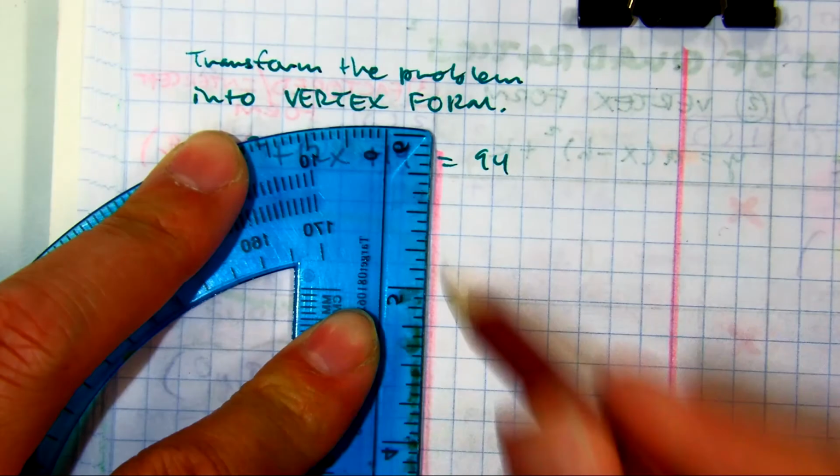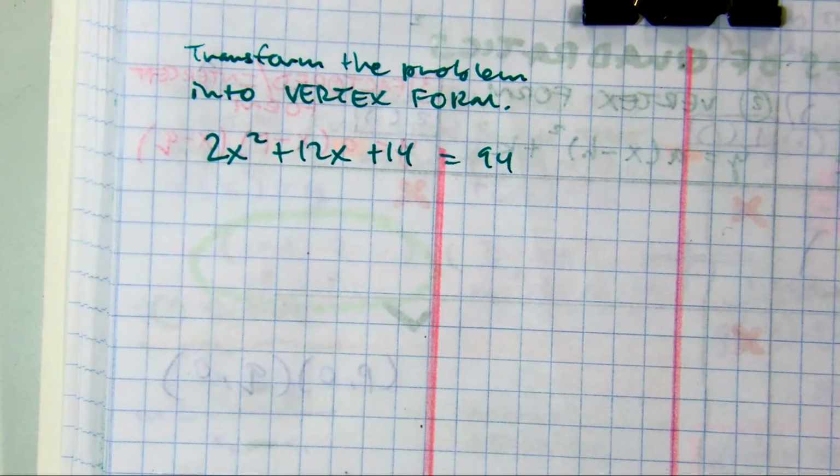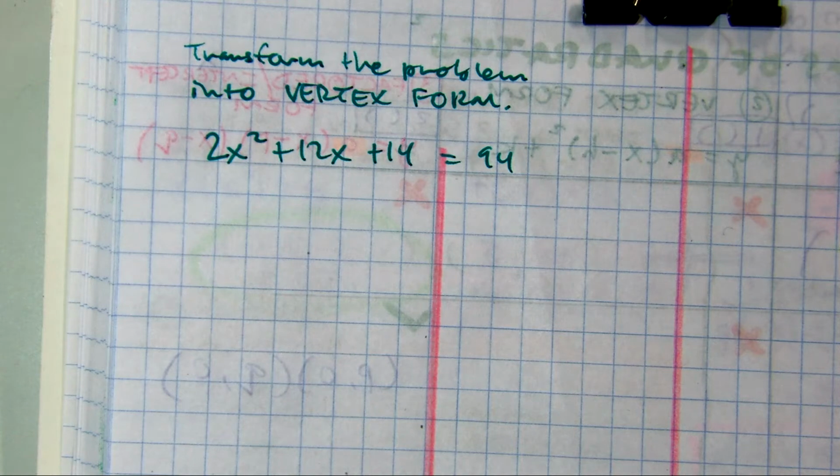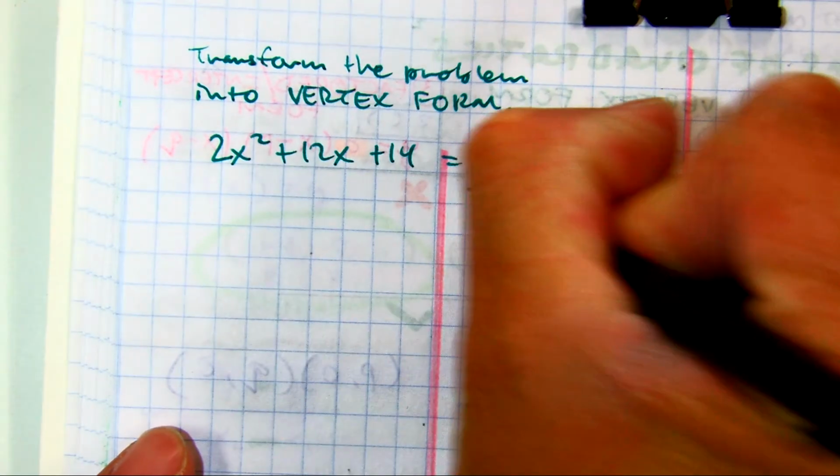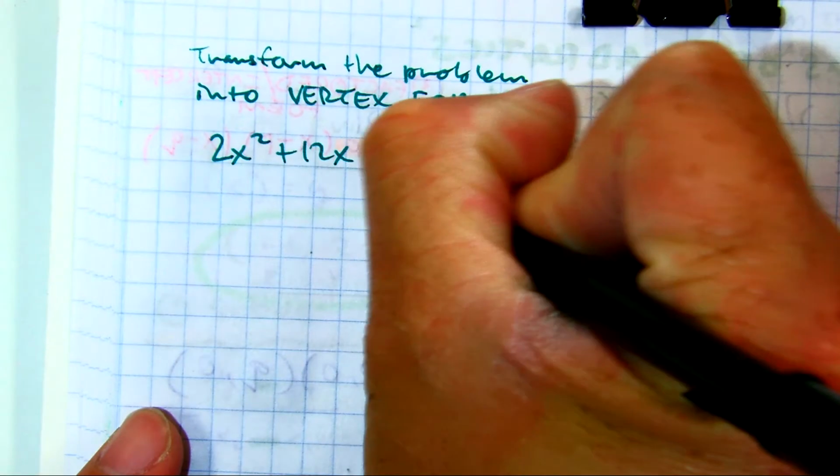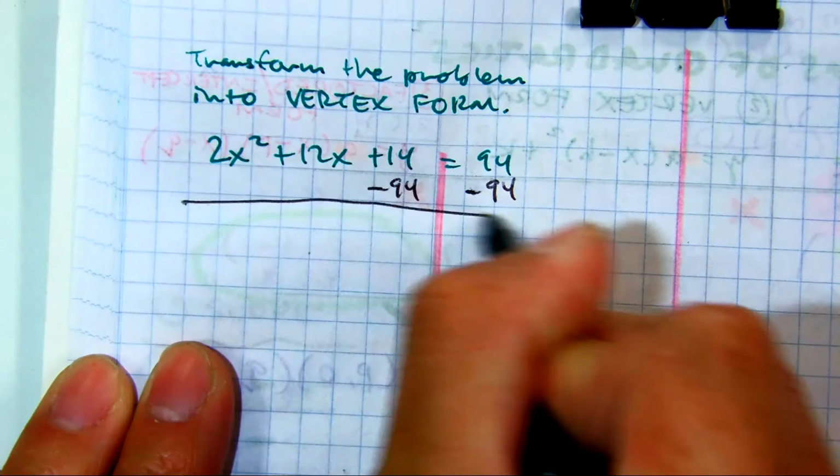I like to draw a line down my equal sign. Class, how do we make the standard form? We just have to subtract the 94, right? What's left?